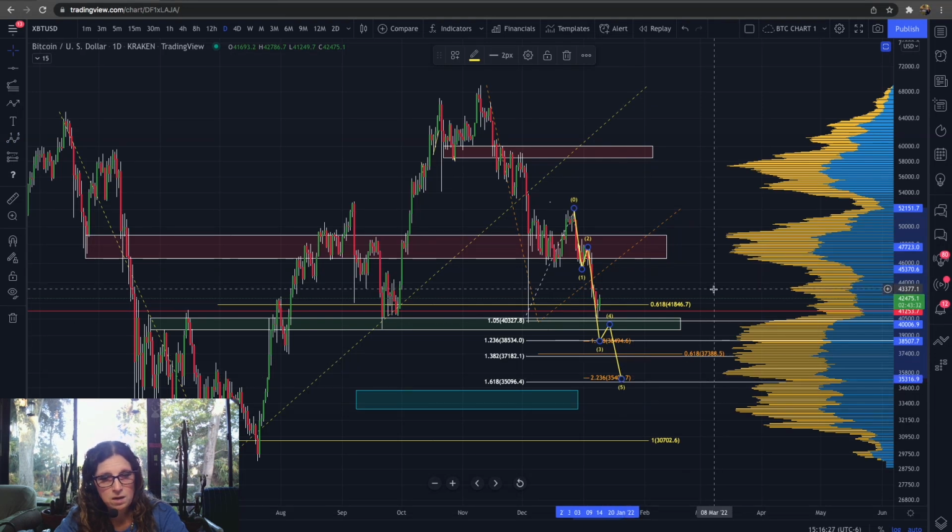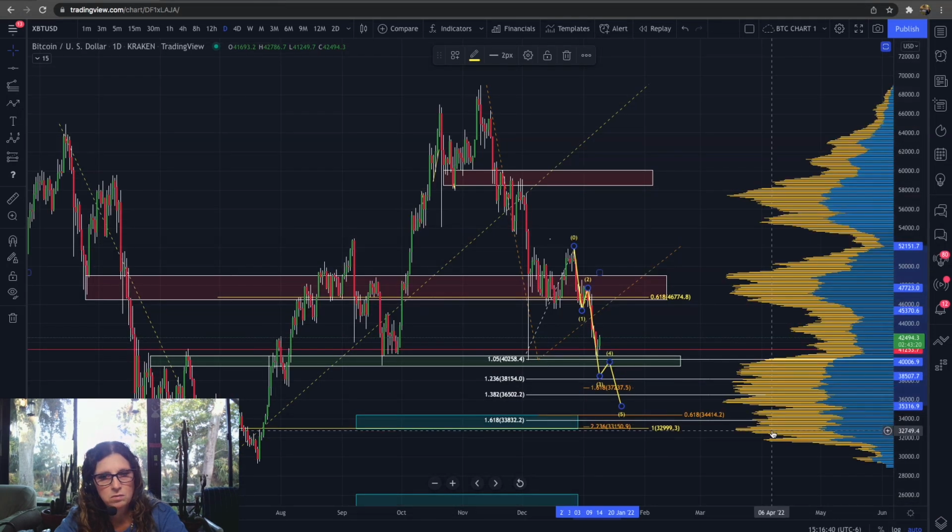On log scale, we would be sitting in between the 618 and the 1-to-1, which wouldn't make any sense for this to be over. But on linear scale, the 2.236, where a fifth would hit, is coming in right to the 1-to-1.